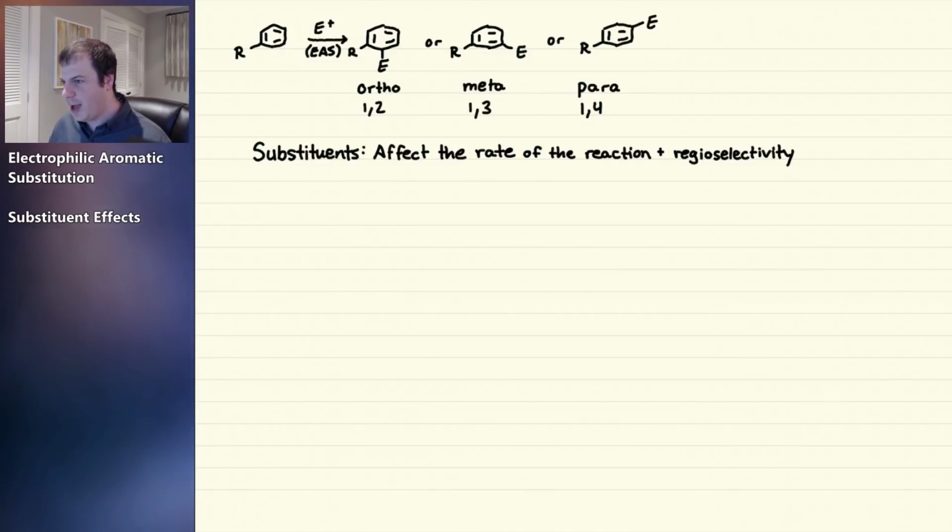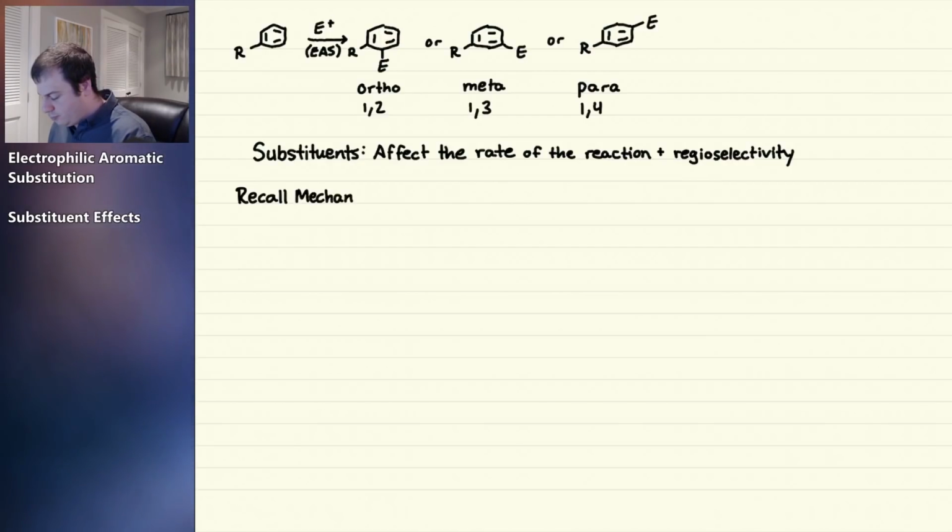So let's just go back and recall the mechanism of the EAS reaction really quickly. It'll help us understand how a substituent could potentially have an influence on this. So we'll look back at the mechanism. Here's our benzene ring.